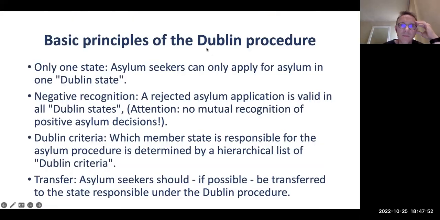Okay. Let me just close this down. So let me quickly go through these principles of the Dublin procedures. The idea behind the Dublin system is that only one single state would be the Dublin state, the state where the asylum seeker will be following the asylum application. So there will never be two or three, it's only one.